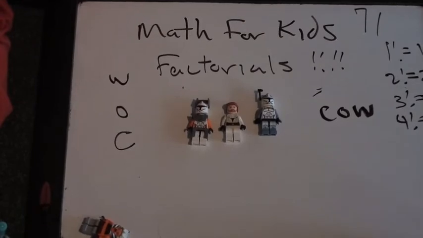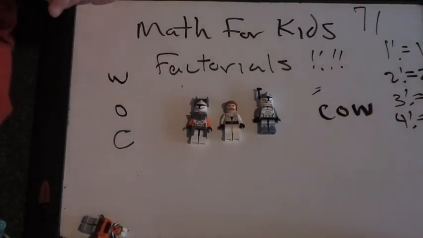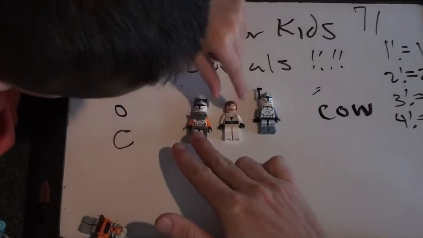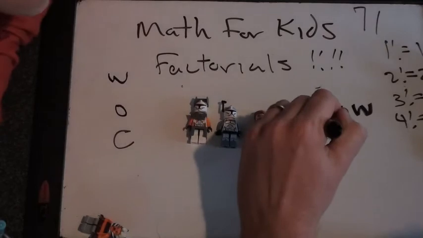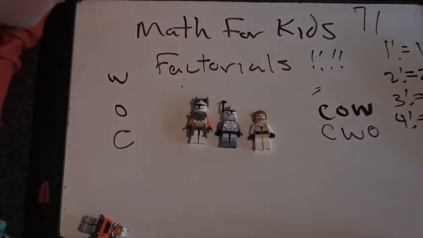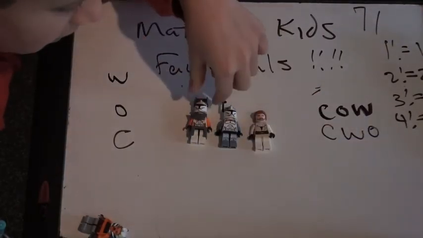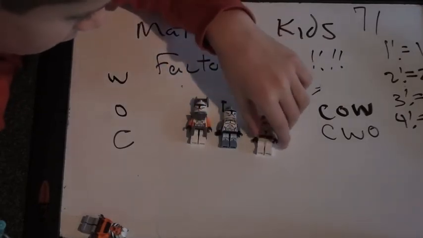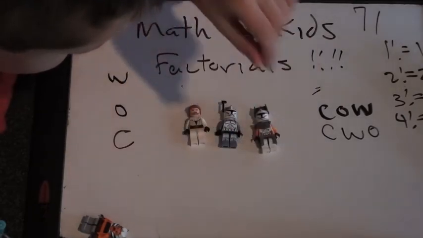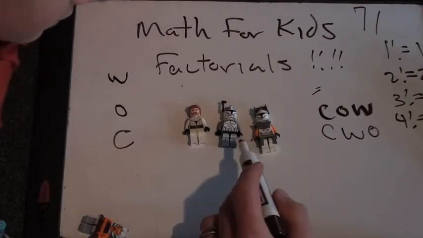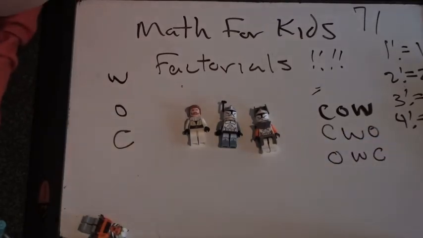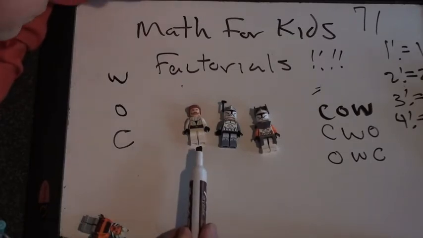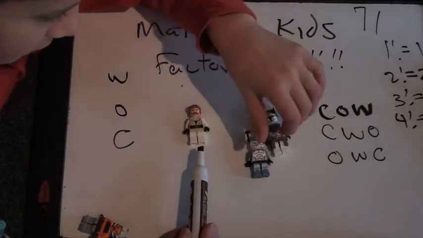Now we have to figure out another arrangement. The easiest way to start counting is to leave Commander Cody always first. So here's another arrangement, which is CWO. Can we do any more arrangements with Commander Cody first? No. So let's pick someone else to be first now. The O guy. This arrangement is OWC. Let's have this guy stay first and then flip them.